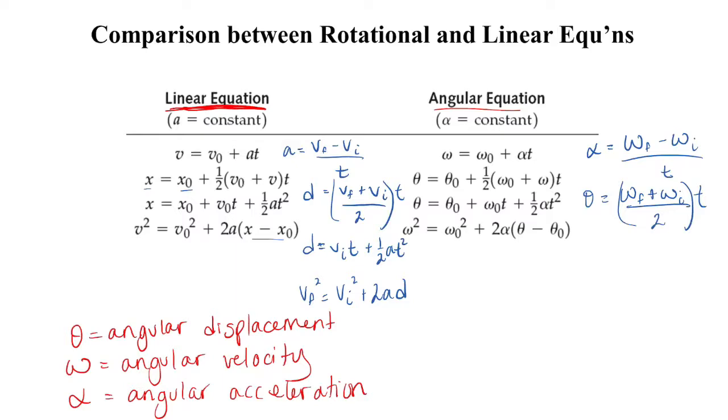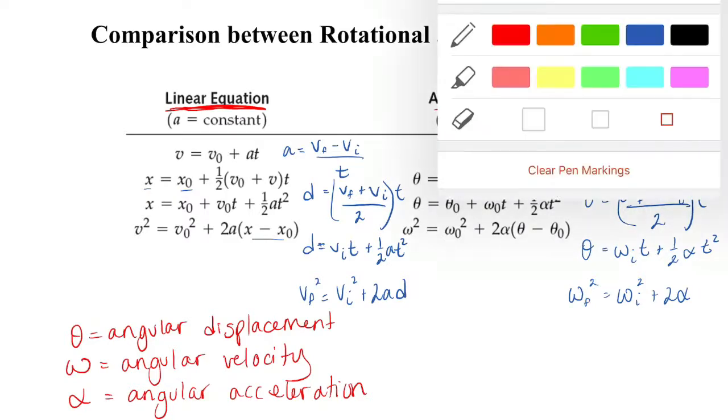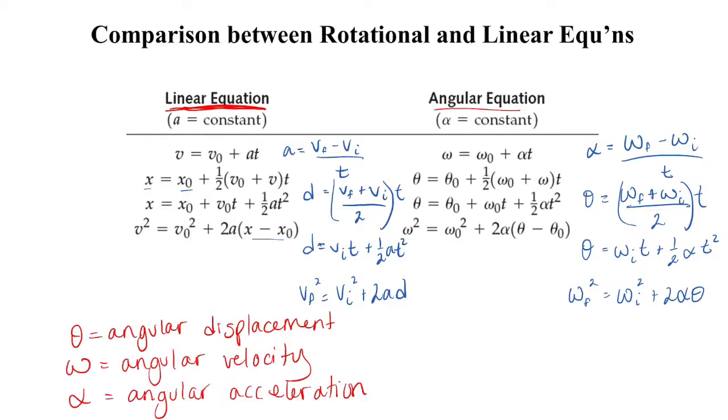And you can use any of these equations you want. This one is theta is equal to omega i times t plus 1/2 alpha t squared. And of course, the final one is final omega squared equals initial omega squared plus 2 times alpha times, not d, oh my goodness, angular displacement, which is theta.